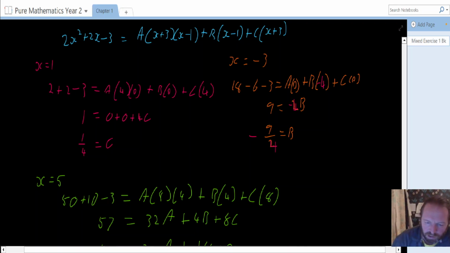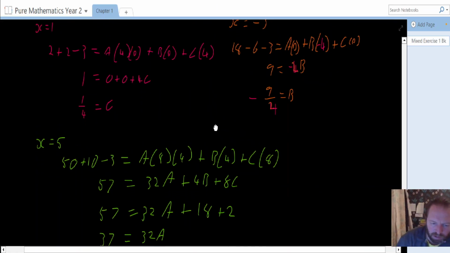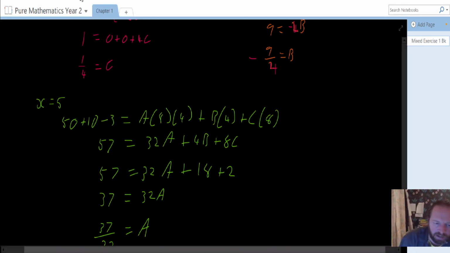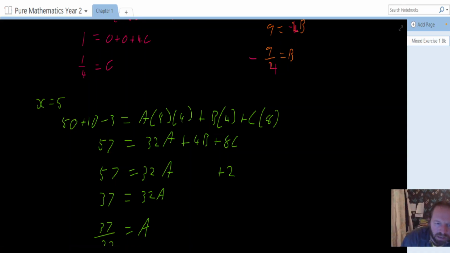Right then, so minus 9 over 4. And now as we start putting that into here, we're still the same on here. But when we come to the b, we are going to have not 4b but that plus 18 will change into minus 9.